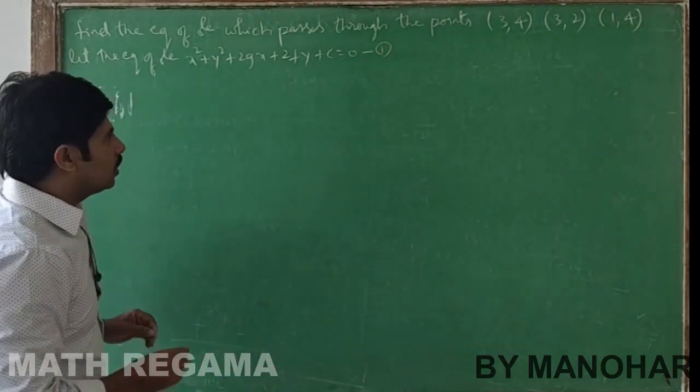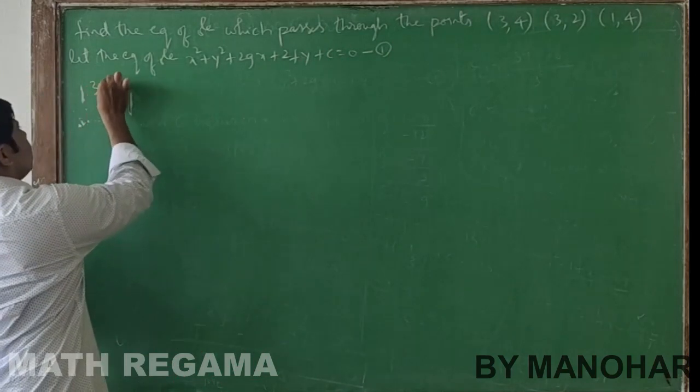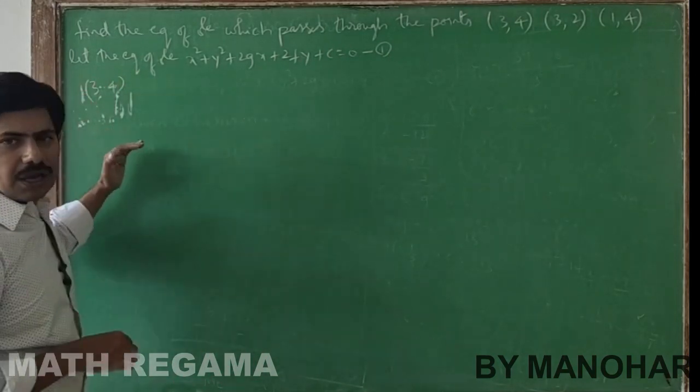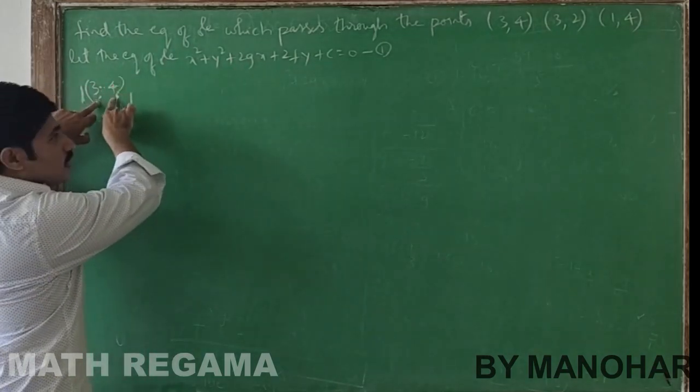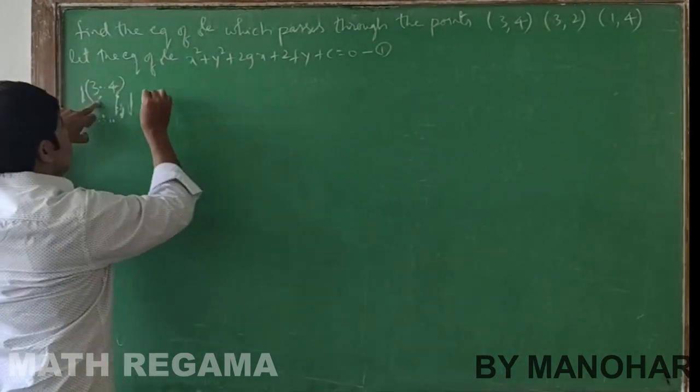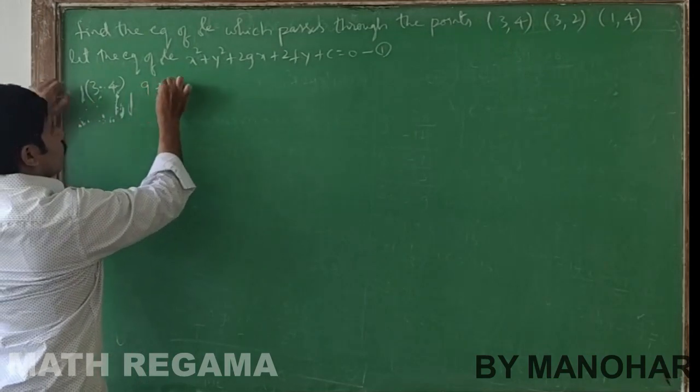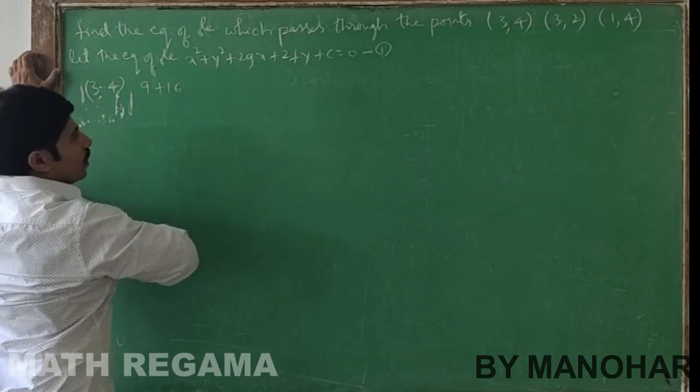So same method. First it is given that 3 comma 4 passes through equation 1. Substitute in this equation. 3 square 9, 4 square 16.